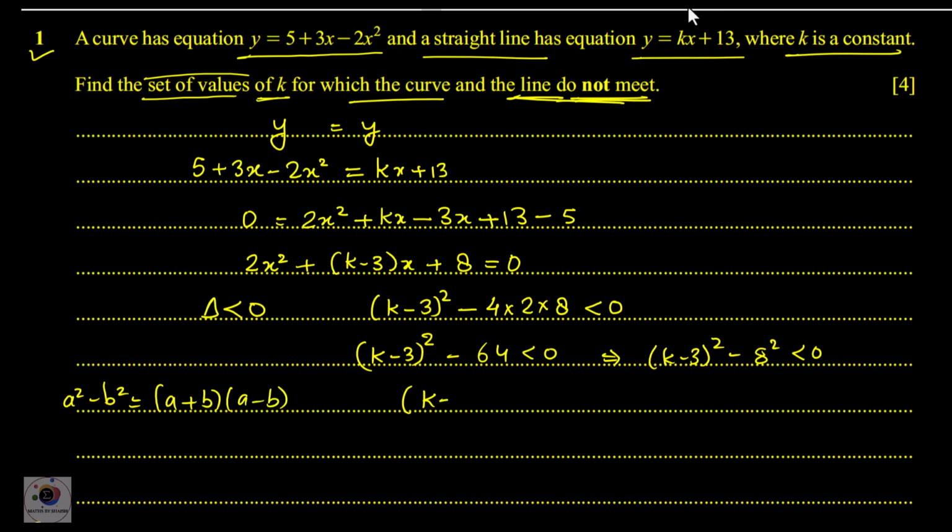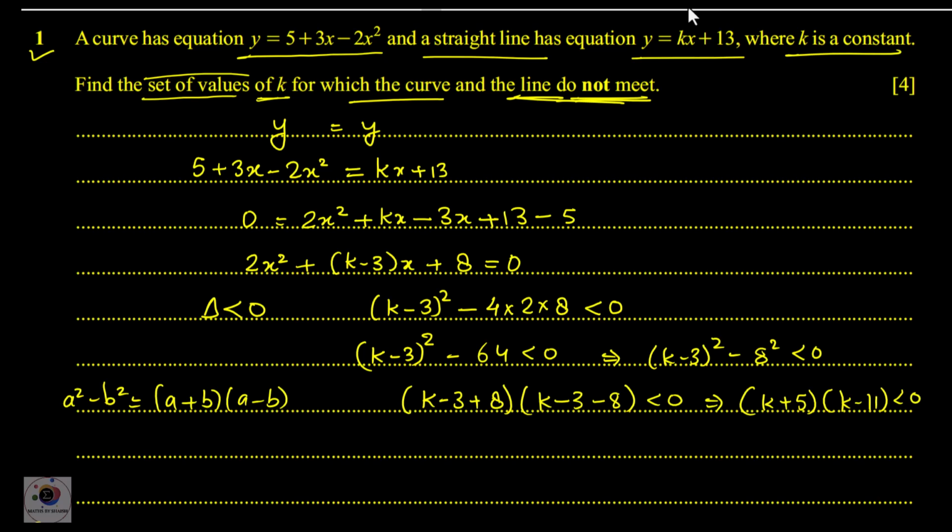Here a is k minus 3, so it is (k minus 3 plus 8) and (k minus 3 minus 8) less than 0, or (k plus 5)(k minus 11) less than 0.